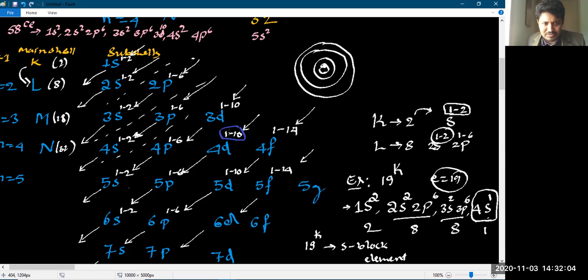After 5s2 it comes to 4d10. I'll write 4d10 here.